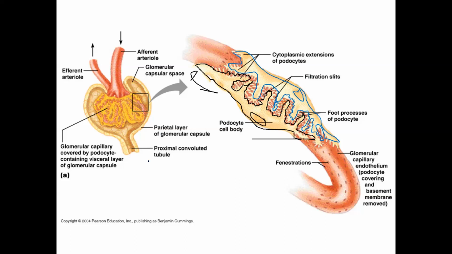What cannot come out are the blood cells and the proteins. Red blood cells, white blood cells, and proteins are too big. They cannot be filtered out in a normal person unless there's damage to this filtration structure. It's called the filtration membrane. I'll give you the slide, next one.